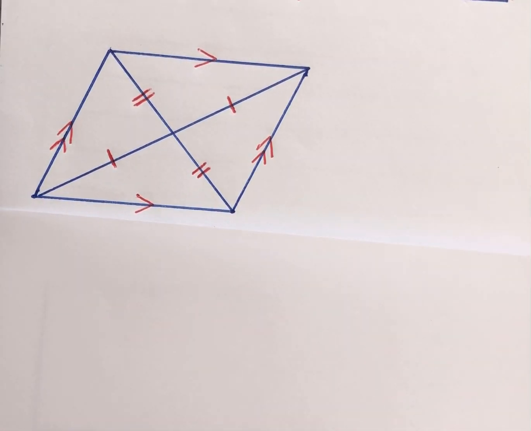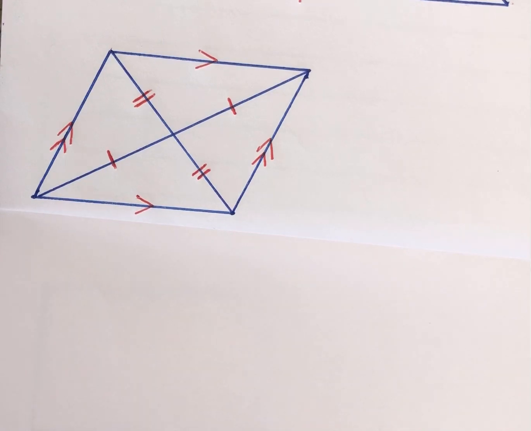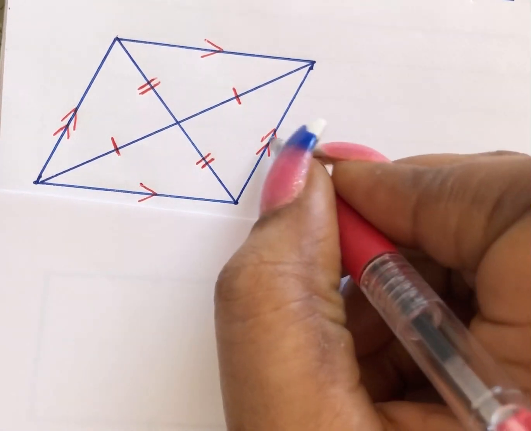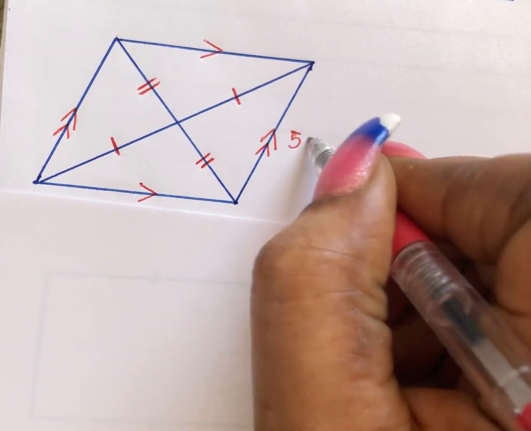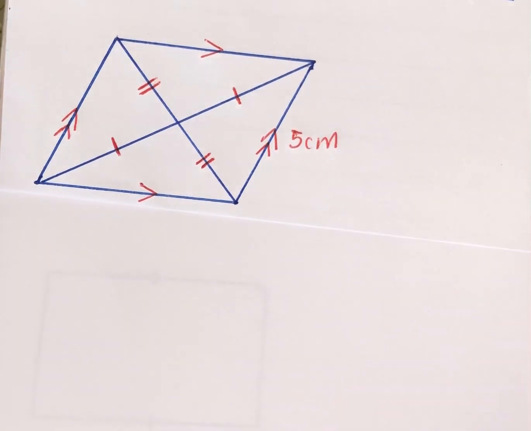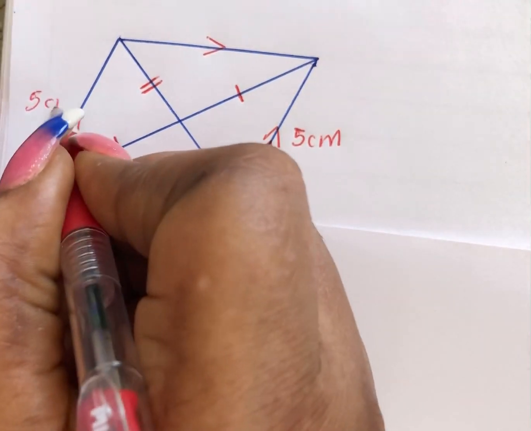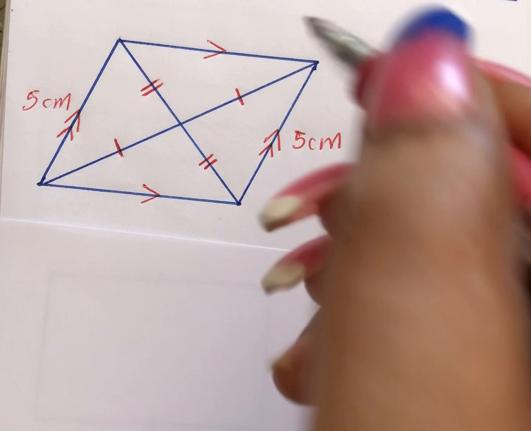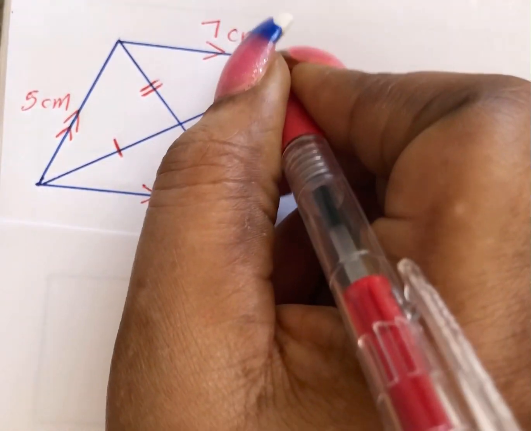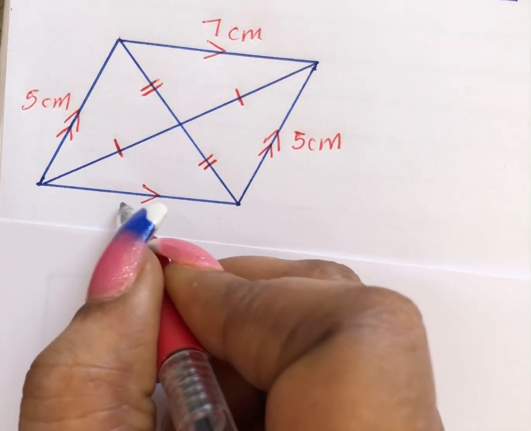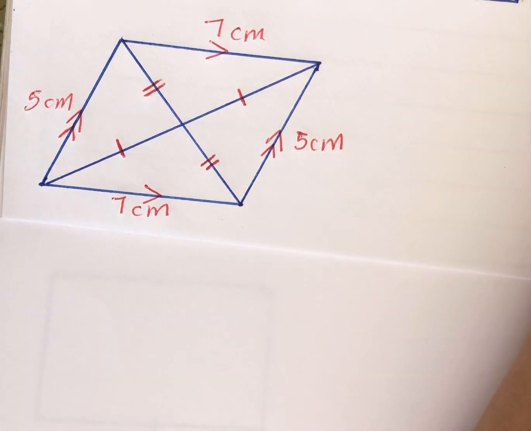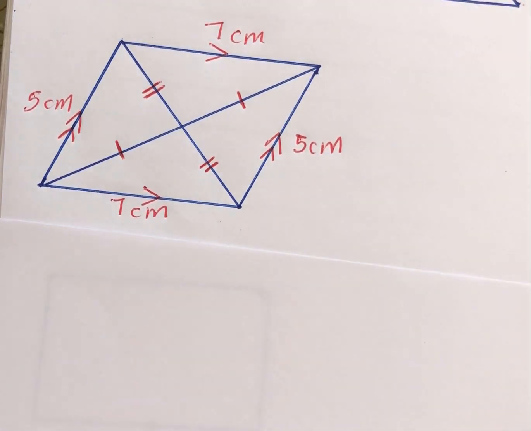The opposite sides are parallel and the lengths are equal. Therefore, if this side measures 5 cm, the opposite side should also measure exactly 5 cm. If this side measures 7, the opposite side should also measure exactly 7.